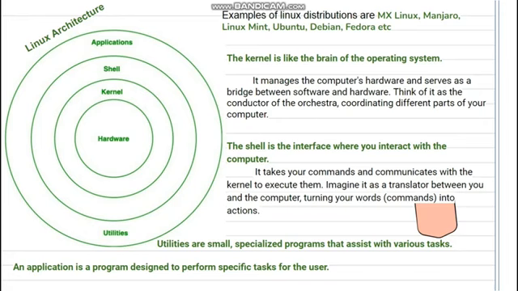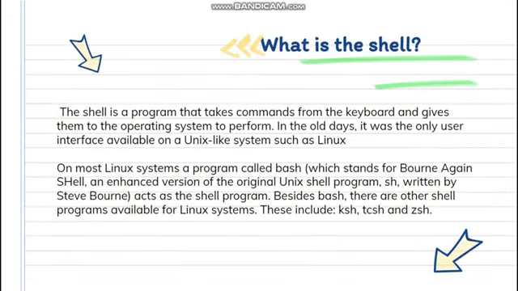They perform specific tasks for the user. Now, as I said about the shell, it takes commands from the keyboard and gives them to the operating system to perform. Alright, so that is all I will say about the shell.